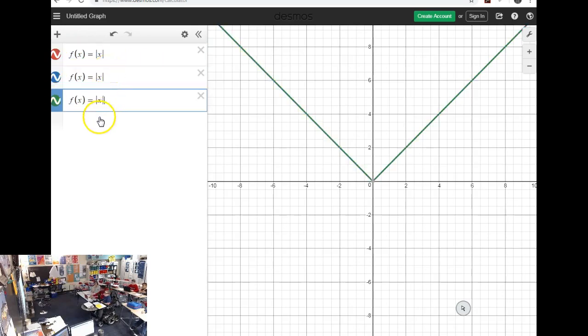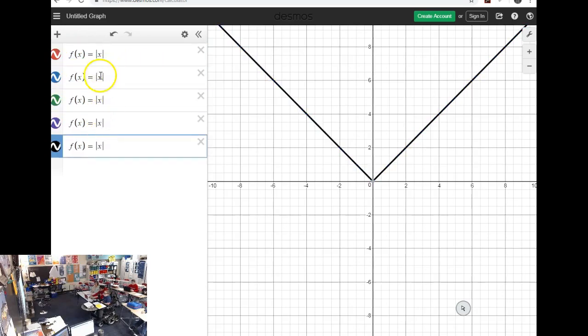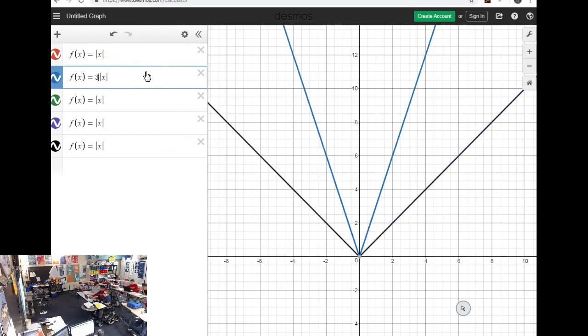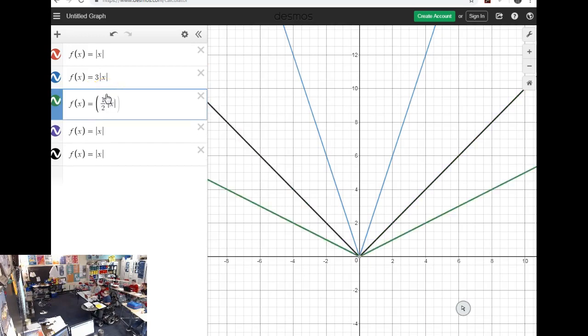Sure. Sounds correct. All right, what's your hypothesis if I put a multiplier in front of it? It's going to get wider. Wider or narrower? Narrower, right? So a large coefficient makes it narrower.